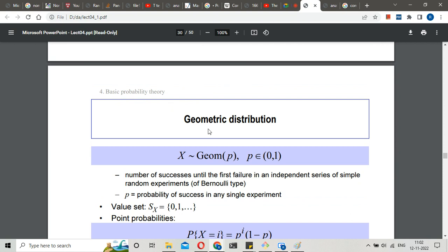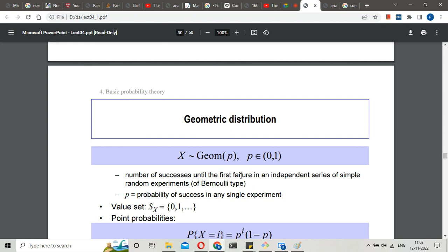Similarly, we define the geometric distribution: the number of successes until the first failure in an independent series of Bernoulli trials. What they are saying is, what is the probability you will continuously get heads, and once you get the tail, it is a failed event.